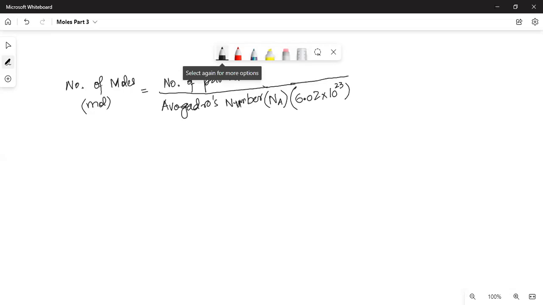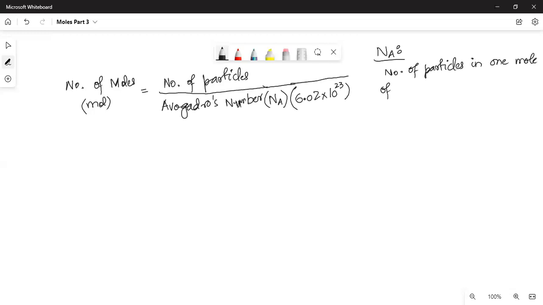of the substance. So you can actually define Avogadro's number separately: number of particles in 1 mole of any substance. Sometimes this definition is extended about temperature and pressure, maybe room temperature and room pressure are mentioned.